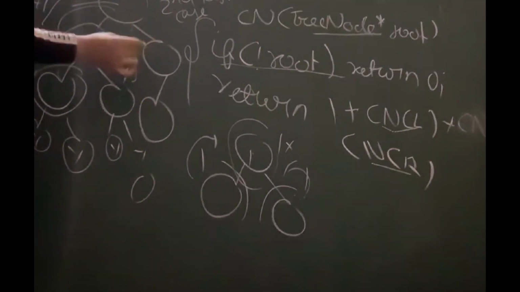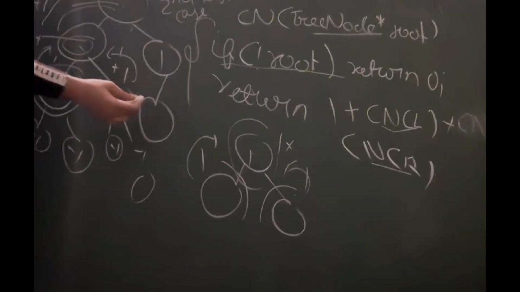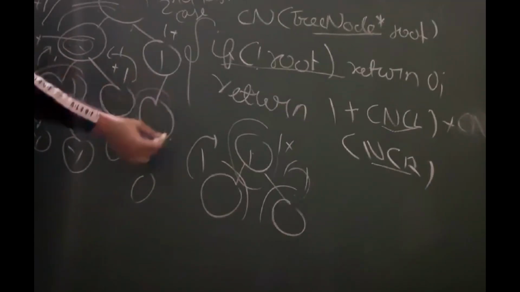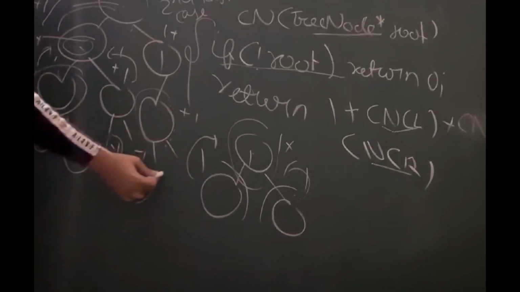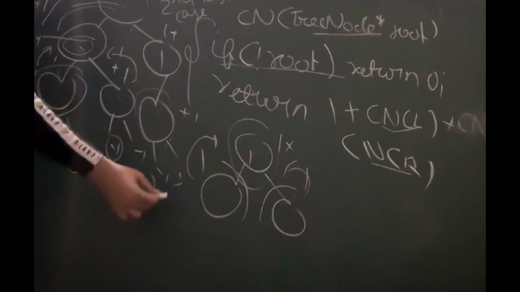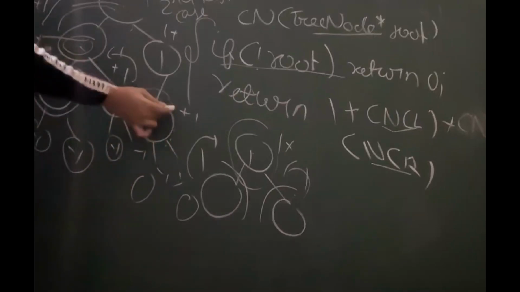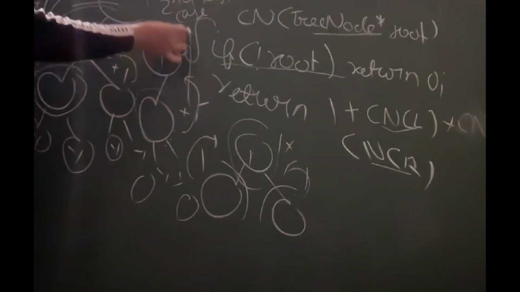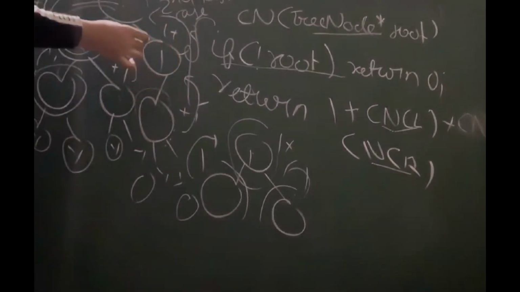And now we will pass our right children. Now this is the root node. We will add one for this. It has a left child. Now this is the root node. Again we will add one. This doesn't have any children, so it will return 0. So from here we are getting 1, and from here we are getting 2, one from this and one from its child.